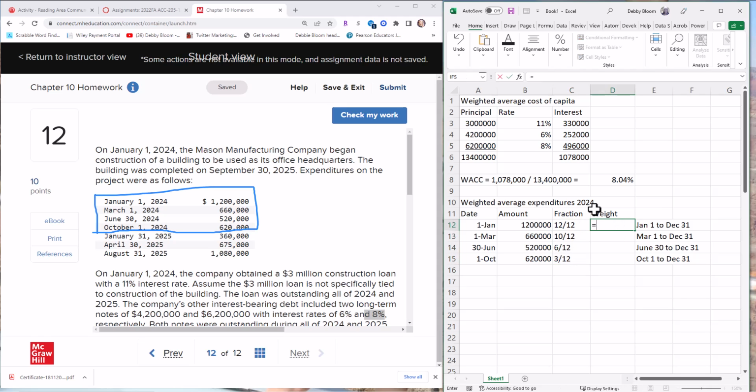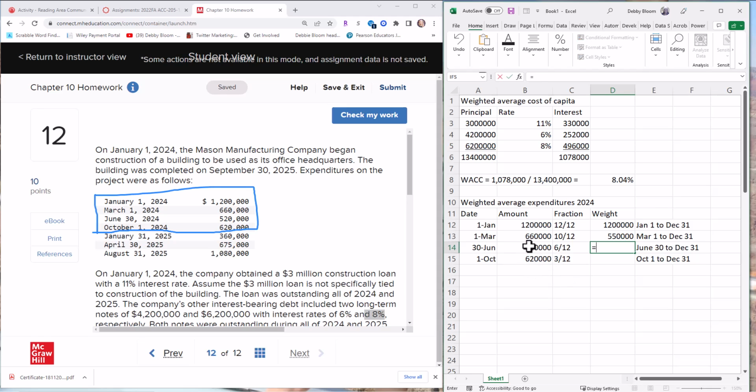So first I'm going to take $1,200,000 and multiply it by 12/12. And of course I'm multiplying it by 1, so I'm going to get $1.2 million. The second number, I'm going to take $660,000 and multiply that by 10/12, and I get $550,000.